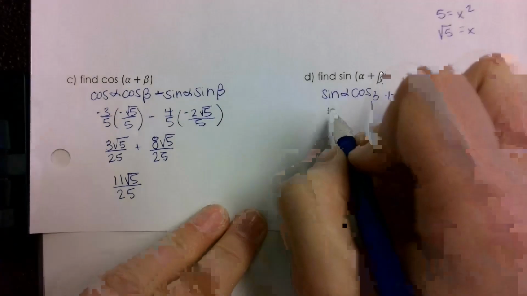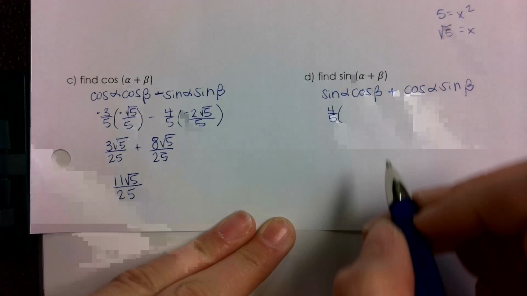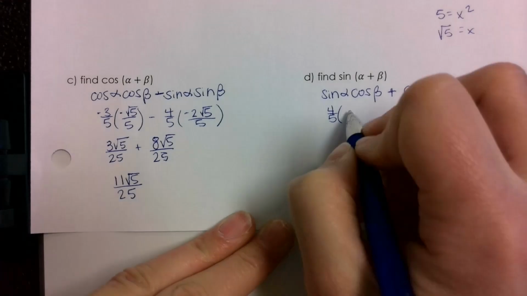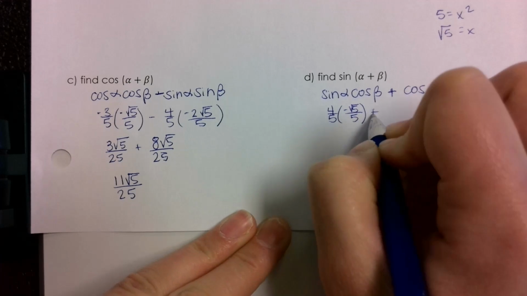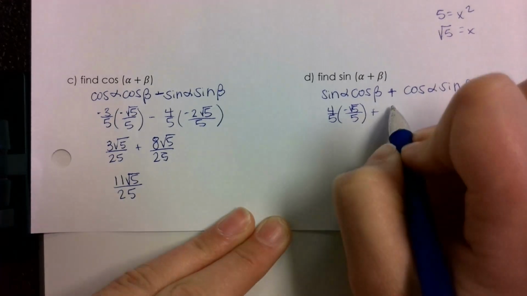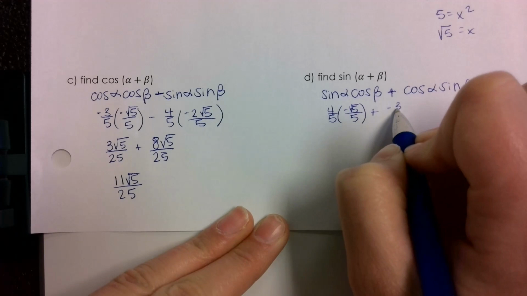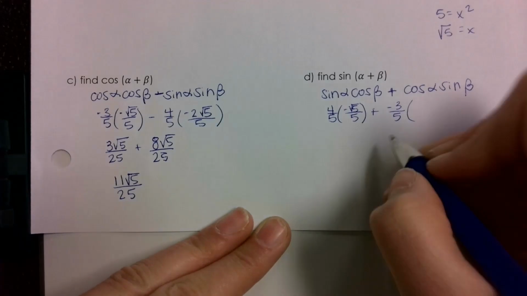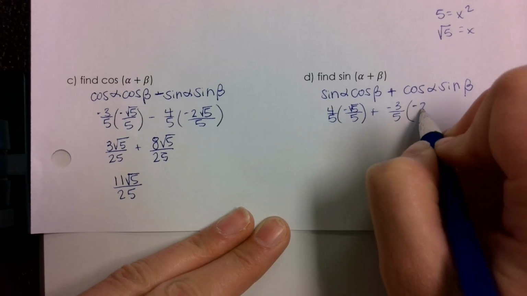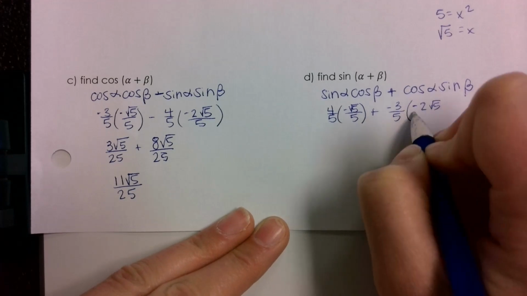What was cosine of beta? Negative root 5/5. What was cosine of alpha? 3/5. And what was sine of beta? Yeah, negative 2√5/5.